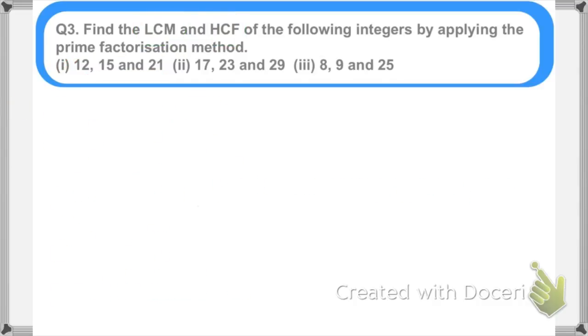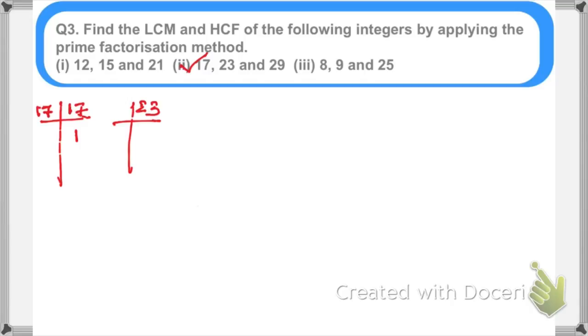Now moving on to the next question, that is 17, 23 and 29. Same way we will proceed. We will first find out the prime factors of 17. 17 itself is a prime number, so its factor will be 17 itself. The next number is 23.